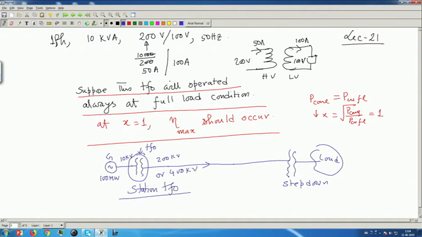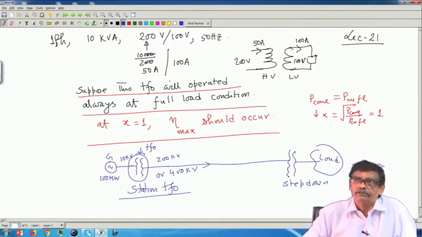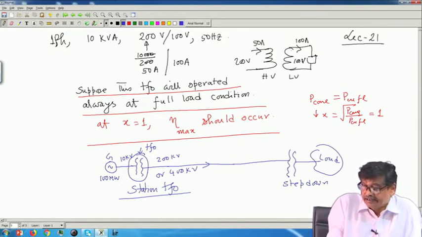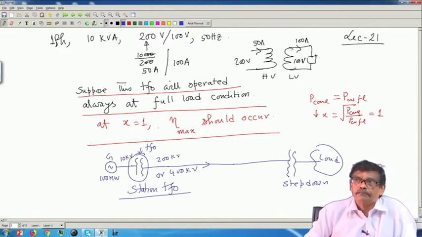This transformer perhaps will be operating 24 hours a day, almost at full load condition. Therefore, I will demand that this transformer should have maximum efficiency occurring at x equal to 1, a reasonable demand, because any device you would always like to operate at maximum efficiency condition, so that losses are minimized. Therefore, in such cases x equal to 1 will be a good choice.